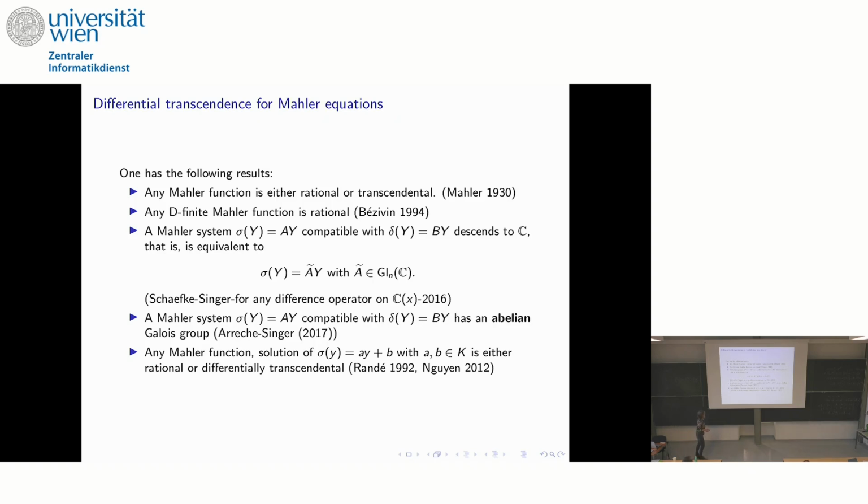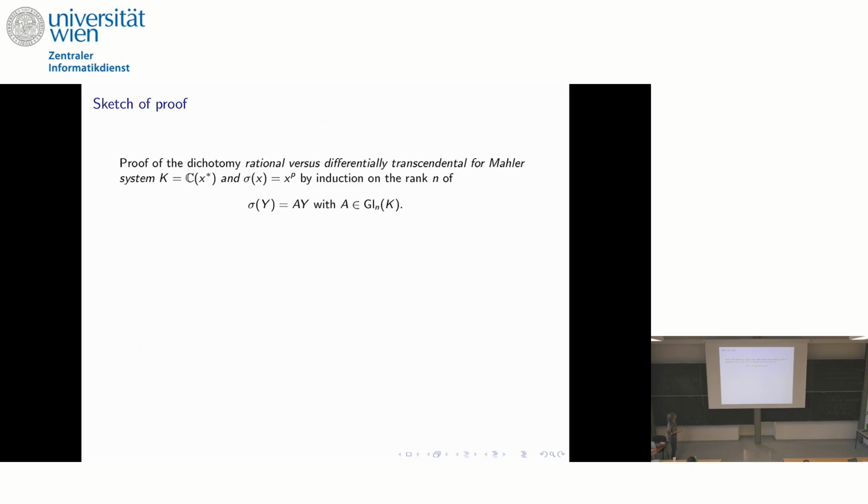Now I want just to show you how we prove the results. Well, we do it by induction on the rank of the system. For a system of rank 1, it is Randé or Nguyen's result: the solutions are either rational or differentially transcendental.